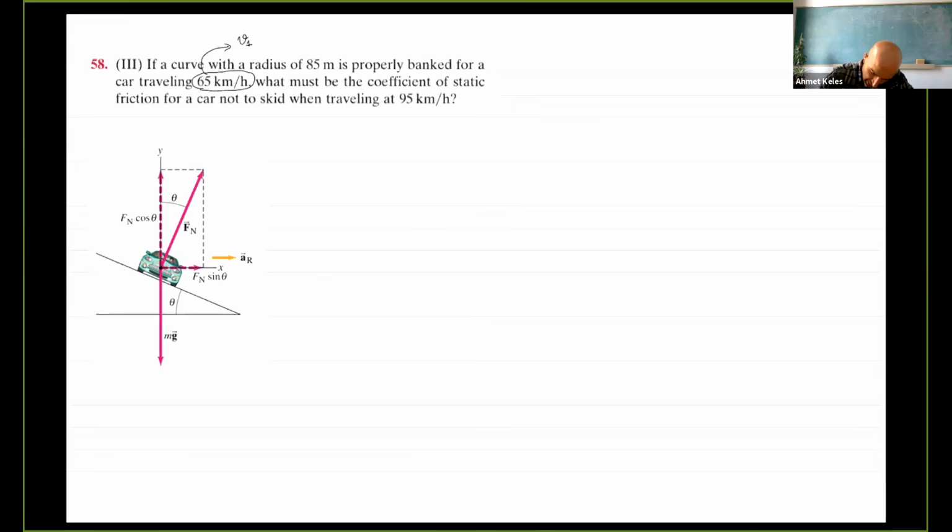And let's call the other speed V2. So the difference is this is what you should be traveling, the recommended speed. But of course, some people are reckless drivers. They can speed up and drive at this speed. And in this case, they are relying on the friction. They may say, oh, it's friction, blah blah, but you know, it's not a good thing. But let's calculate.